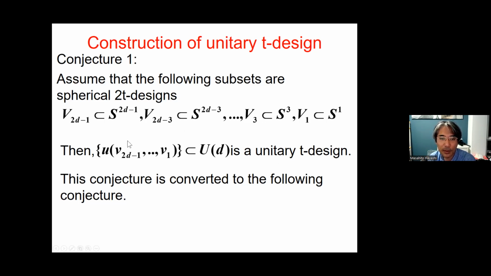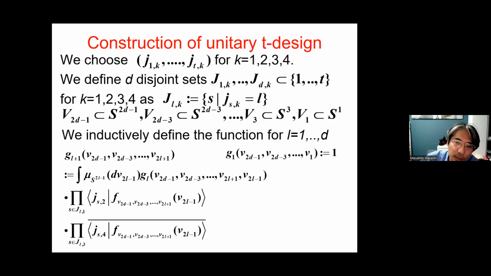This is one conjecture. This conjecture means that using a sequence of 2D designs, we can construct a unitary T design. So this is a very useful construction for unitary designs. To prove this conjecture, we need to consider somewhat complicated mathematics.